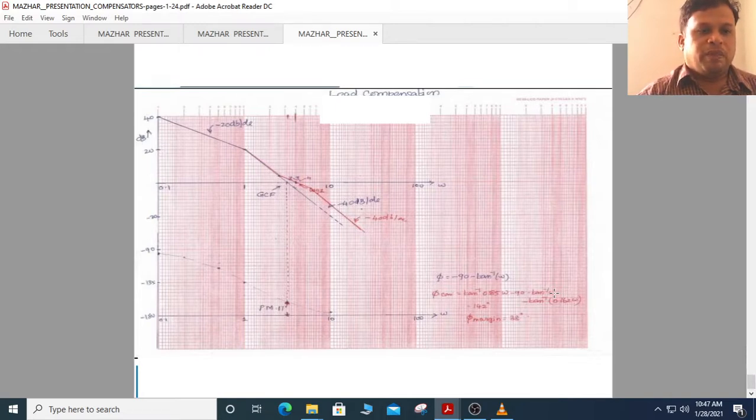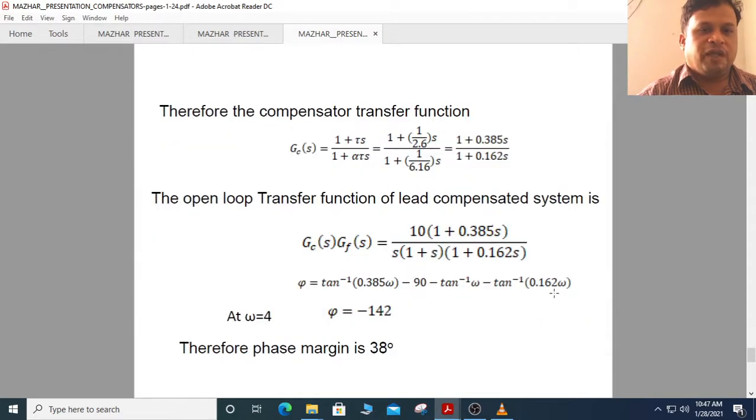The next thing, these calculations are helpful for calculating the phase margin as well as the gain crossover frequency, and we will be able to find out the lead compensator and the lag compensator here. So we will be studying the other compensators, and we will make these compensators helpful in the system for efficient utilization.